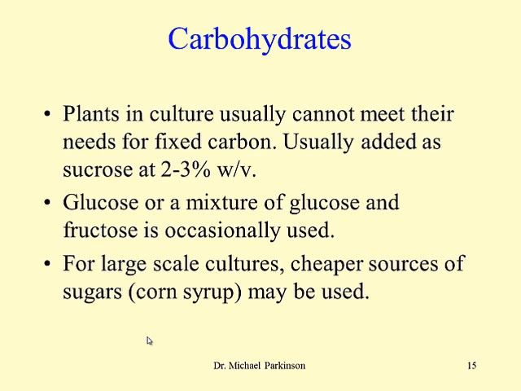For research purposes, I would normally purchase my sucrose from places like Sigma or Duchefer, which is a commercial production company in the Netherlands. But there have been occasions when I've run out and I just go to the local supermarket and buy a bag of sucrose. So it is possible to use cheaper alternatives if you're involved in commercial micropropagation.